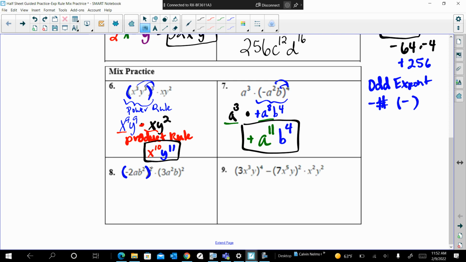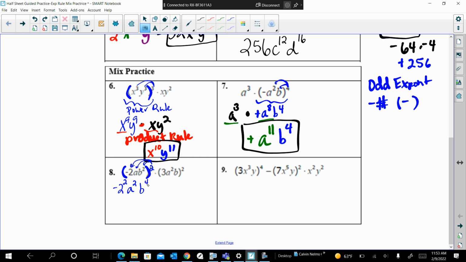This 2 on the outside is going to go to each part. So even if I wrote negative 2 squared and a squared, and now b is not squared anymore, because what do I do to the exponents? You multiply, so that's b to the 4th.